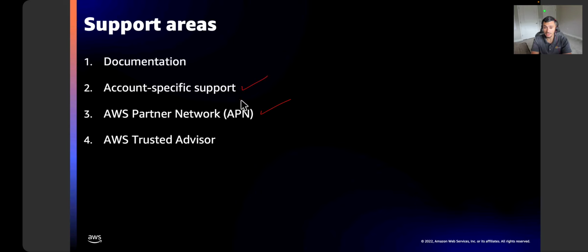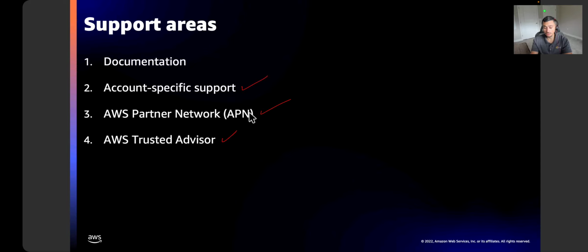You can also leverage the AWS Partner Network, or APN. This is made up of all the companies that are recognized partners of AWS. They could be training partners, migration partners, managed service partners, and so on. So you just need to know where to find them, essentially.